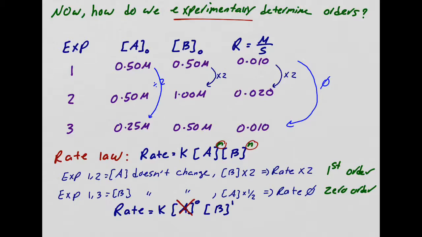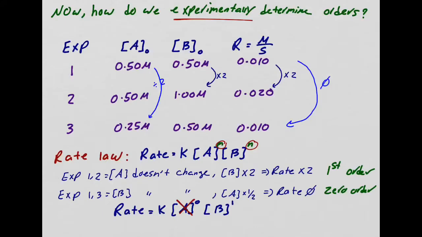Now, let's do one more practice problem with this, and then you deserve to take a break. Solve for K. To solve for K, you can pick any of the experiment 1, 2, or 3 and plug in the numbers.